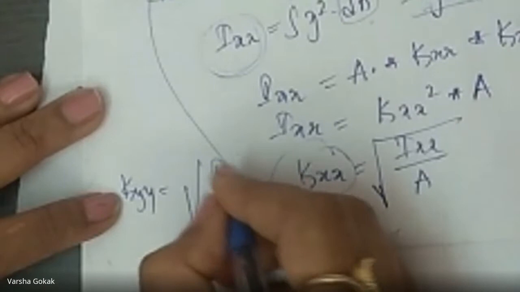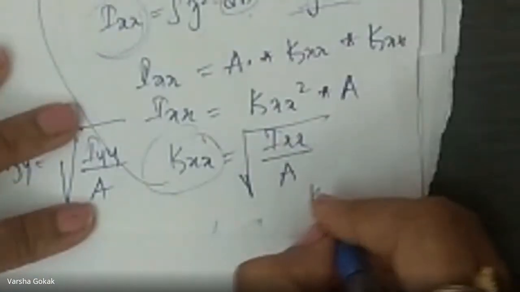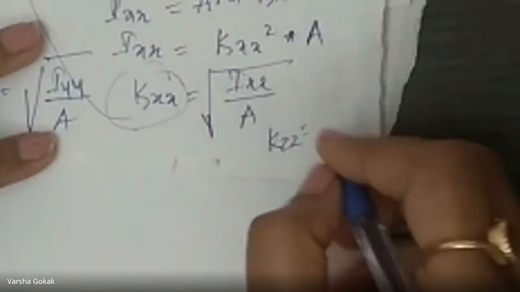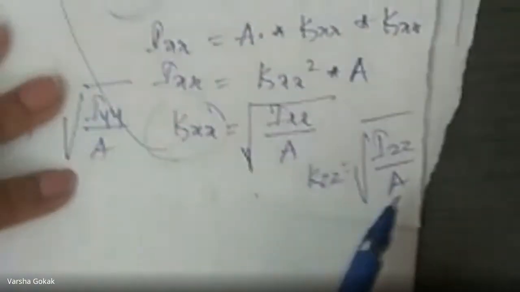Kyy would be what? It is going to be under root Iyy by A. If I'm asking you to calculate kzz, then you will write under root Izz divided by A. Clear? So these are your radius of gyration, which is got by the formula under root I by A. In general, I will call it under root I by A.